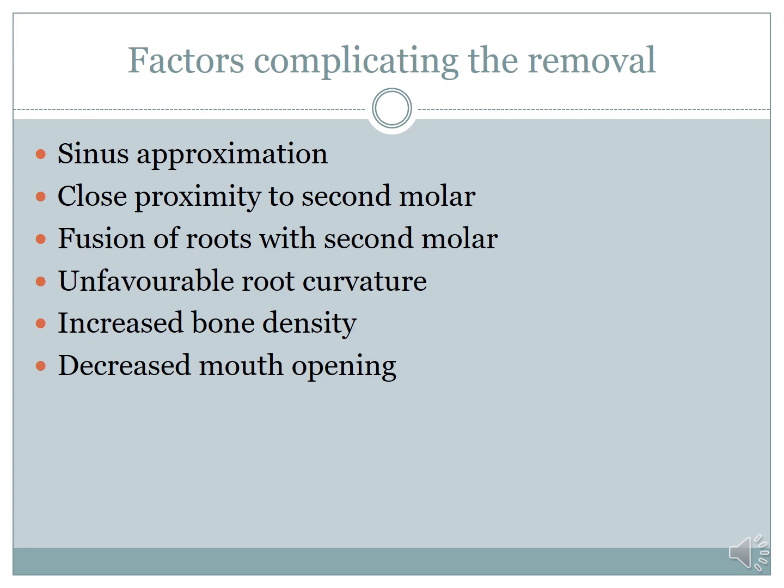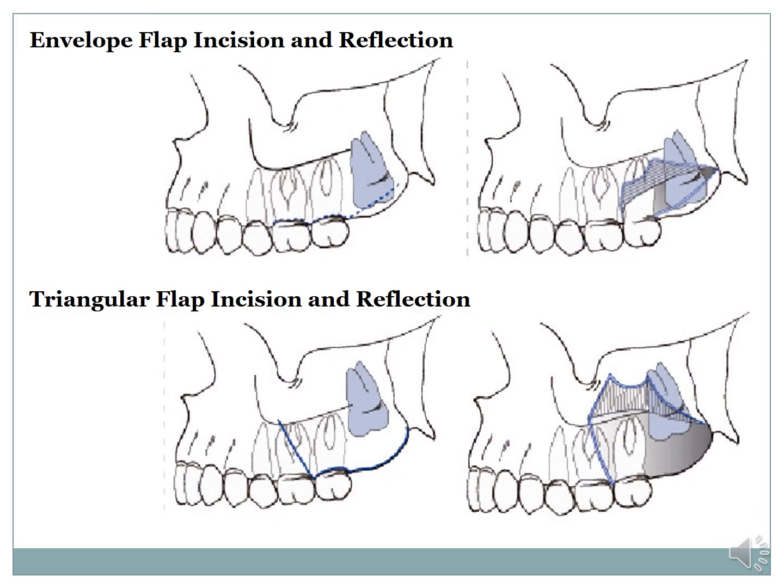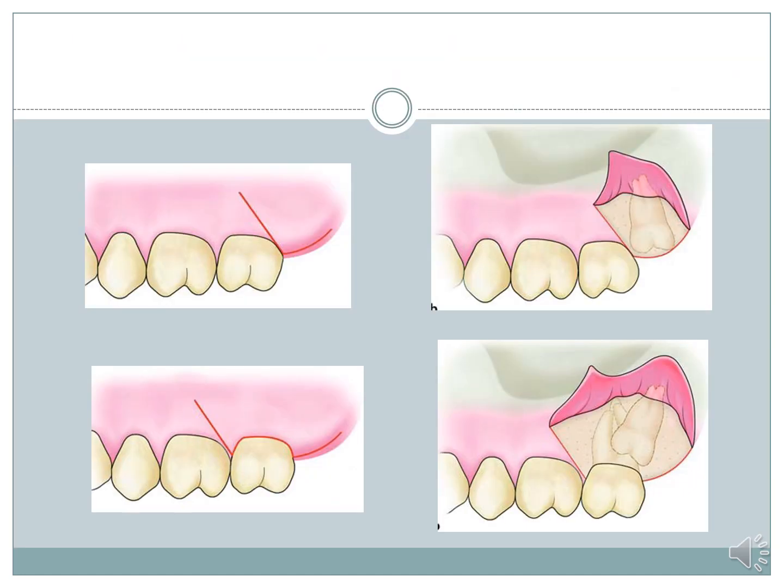These are all the ways by which we do it. Just like what we do for the mandibular, you have the flap raising first. You have to raise the flap, and you can have the triangular flap for better accessibility rather than the envelope flap. This is a pictorial representation. So you have this envelope flap, and then you raise the mucoperiosteal flap.